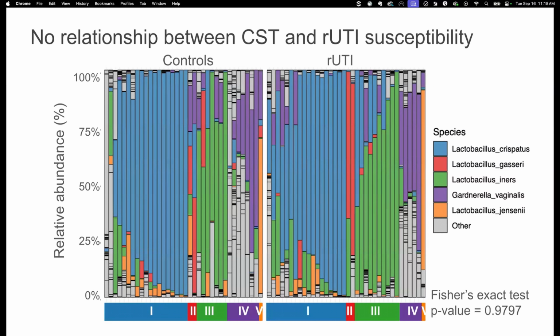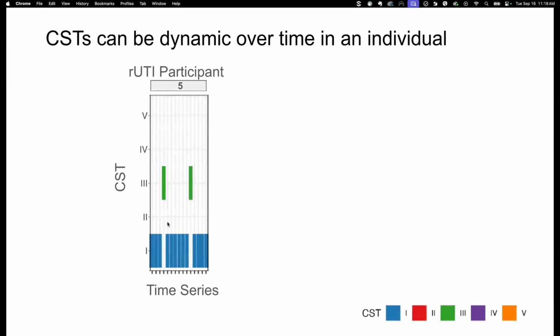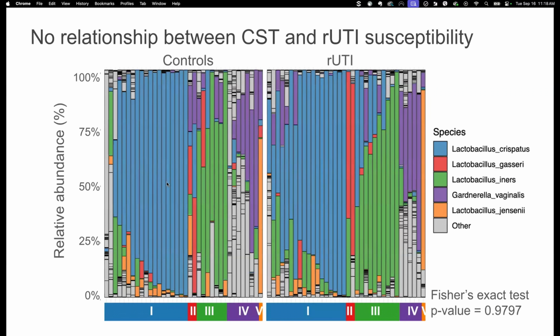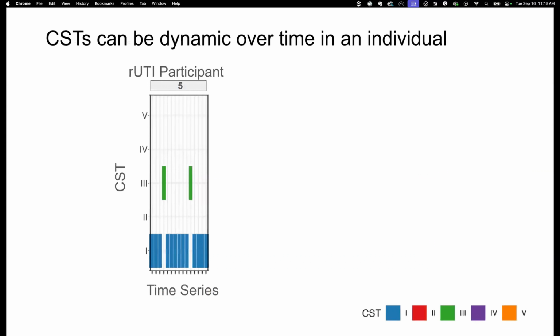Here's the data organized in a way where we could start to take a peek at this question. What we found is basically what your eyes are likely already telling you: when we organize these data into the control bucket or the rUTI bucket, there really was no difference in the number of individuals who had any of these different community state types. So that didn't seem to be particularly explanatory or interesting.